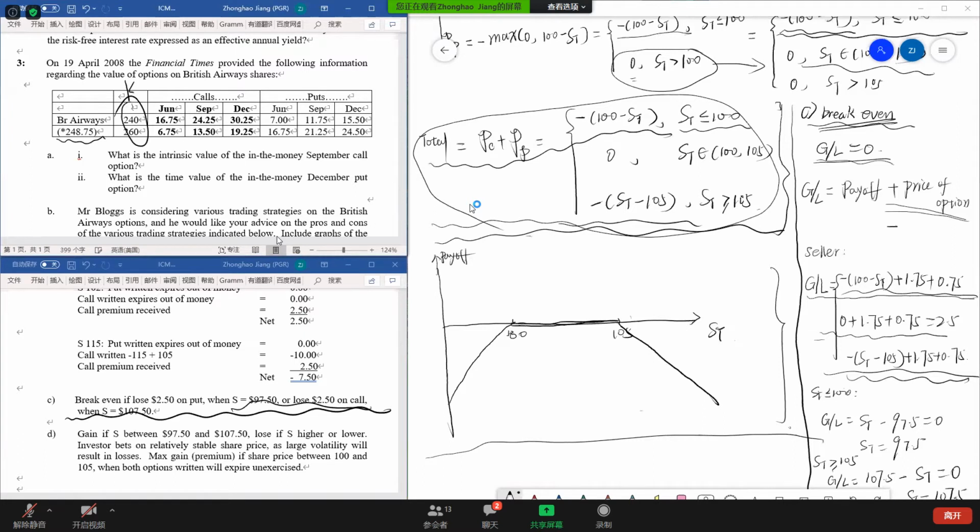So these two numbers are K and this is ST. In question A1, calculate the intrinsic value of the in-the-money September call option. So for the September call option, we have two option prices.